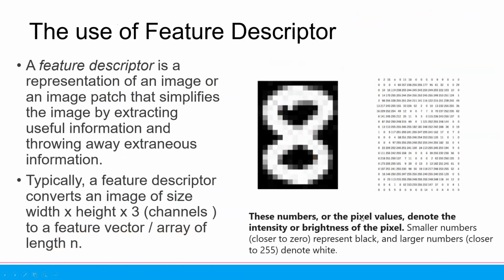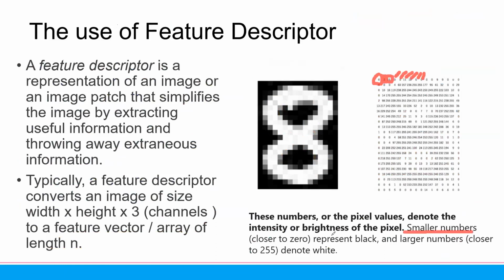this number or the pixel values denote the intensity or the brightness of the pixel. So let's see this one. Can you see this is number 0? And then this is number 2, 15, 0, 0, 11, 10, 0, 0, and so on.